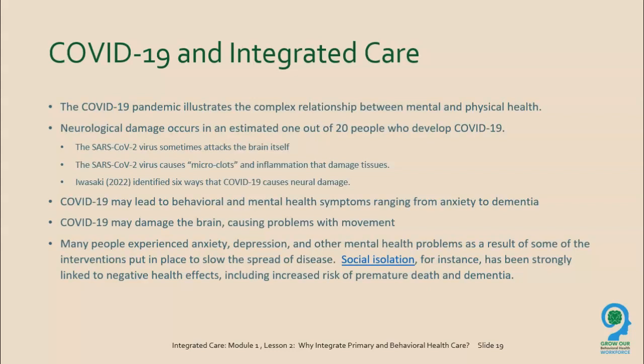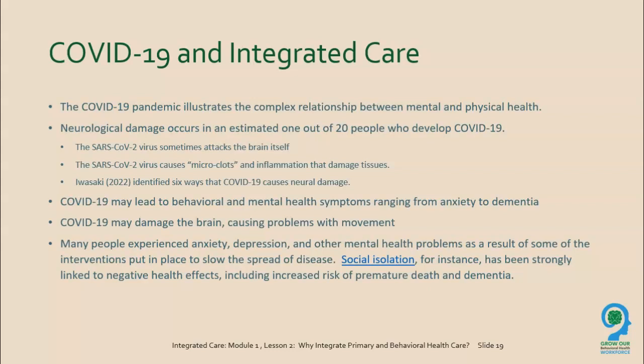The SARS-CoV-2 virus sometimes attacks the brain itself. Sometimes it causes microclots and inflammation that damage tissue, so there's secondary damage to the brain. Iwasaki, who's one of the leading researchers in viral infection and has really been focused on COVID, has identified 6 ways that COVID causes neural damage.